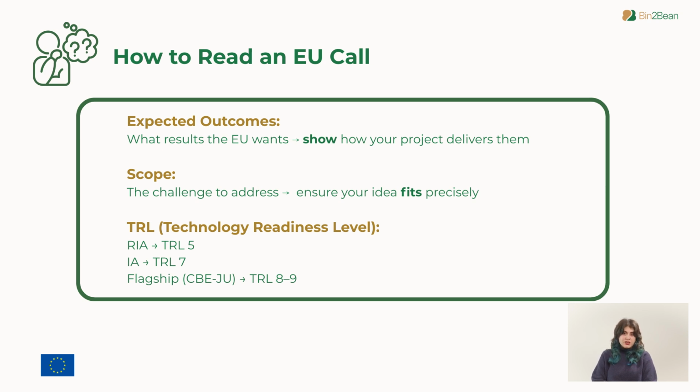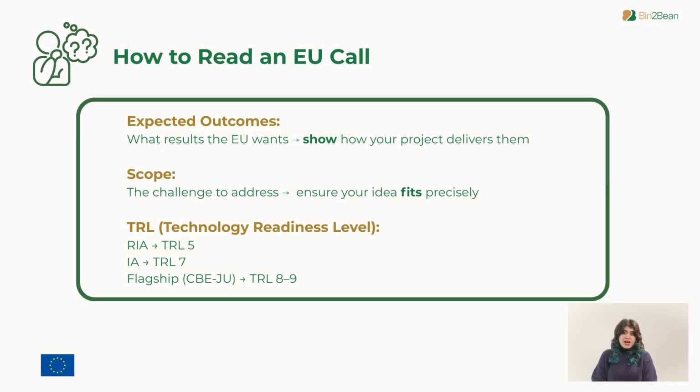Another critical aspect to check within each call is the technology readiness level, or TRL, that the innovation is supposed to reach at the end of the project. TRLs describe how advanced your technology or solution is, ranging from basic research to market-ready products. These may not always be mentioned explicitly in the text of the call, but it is usually implicit in the type of action that we saw in the previous modules.